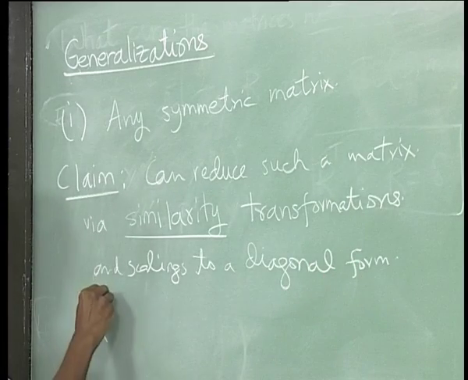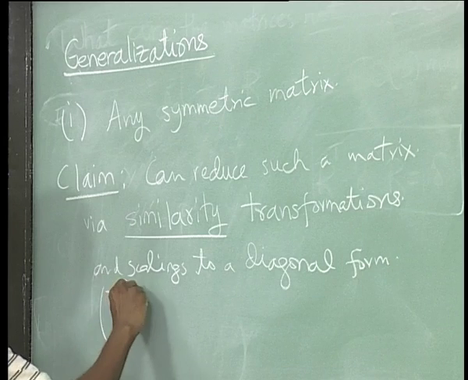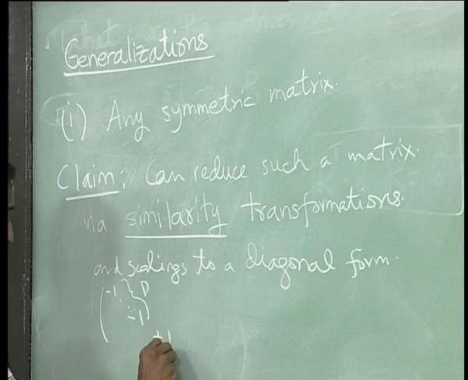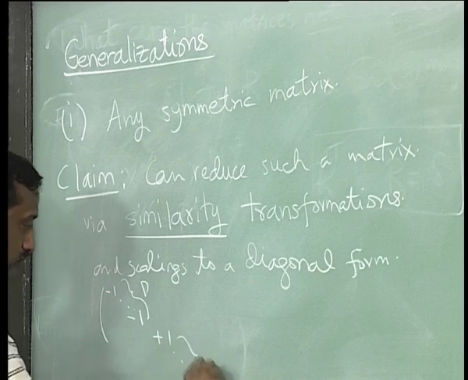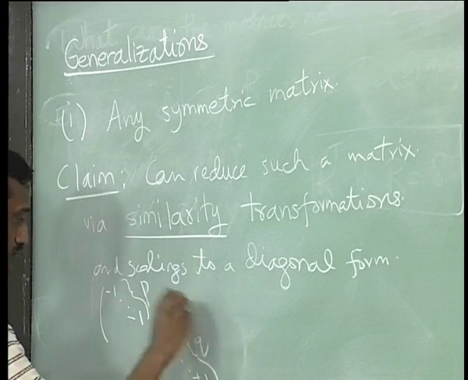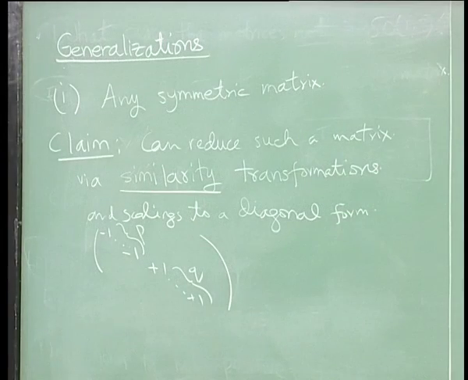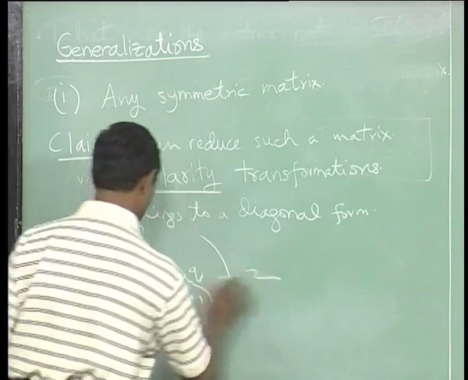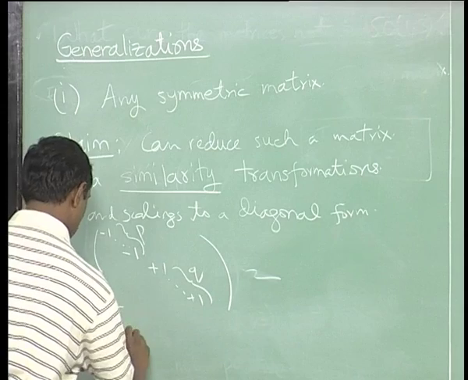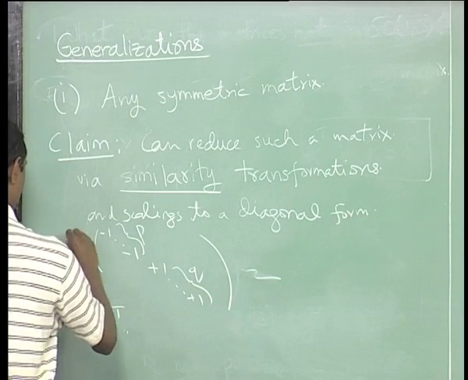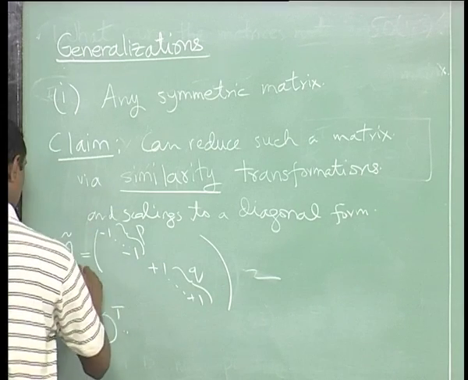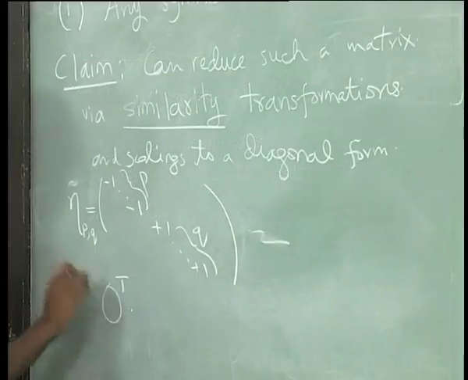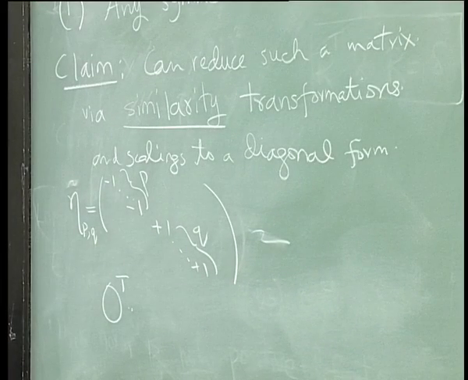With a certain number of minus ones, let us say p of them, and plus ones. Such a group we will call this. Let us call this also eta, but eta pq, to keep this called the signature.